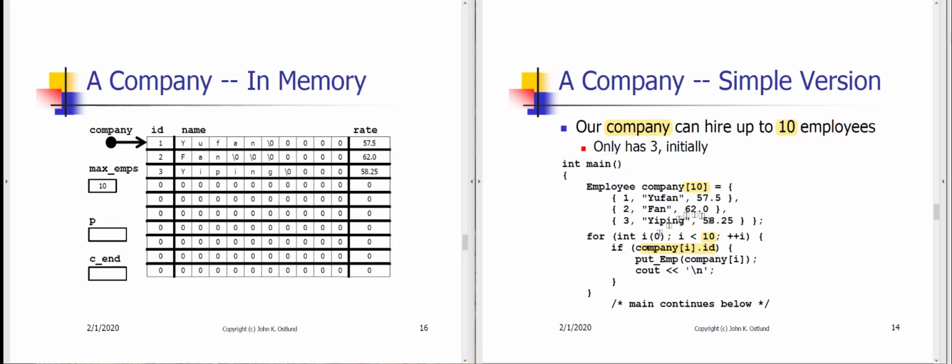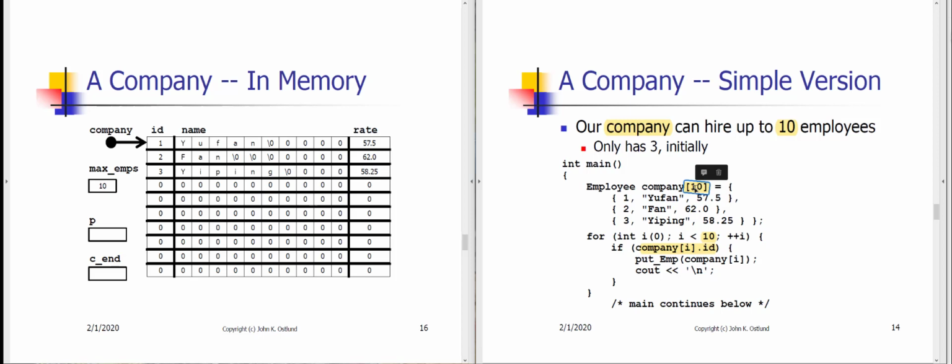And if somebody else comes along to do maintenance on this program later, as our company gets bigger, they might change the actual size of the company array to, let's say, 50, but they will very likely not notice the 10 down here and forget to change that to a 50 as well. And now we've got a mysterious bug in our program. So we would like really to specify the size of the array in just one place.